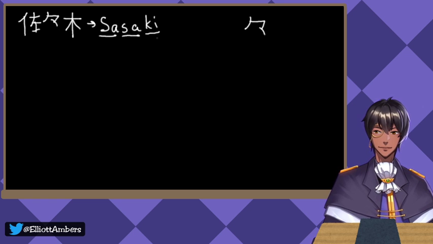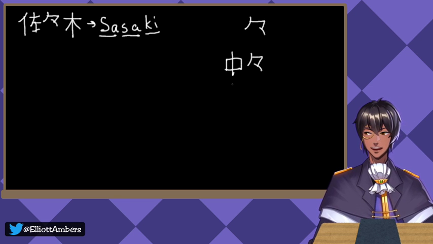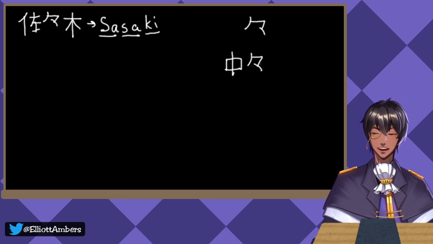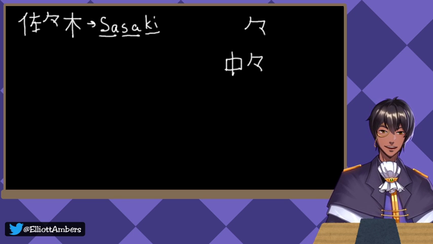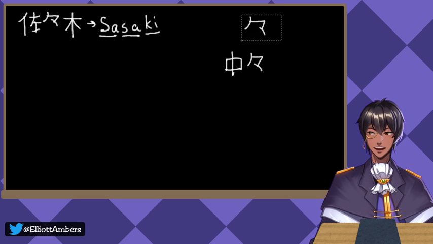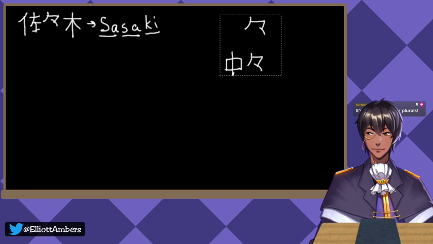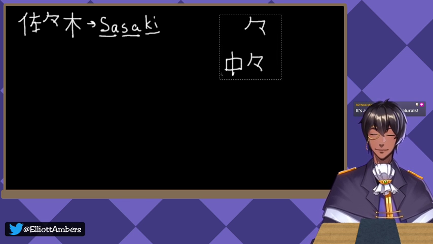We know that this means center. If I use this, it would mean inside, like deep, deep, deep inside, and this would be read as naka-naka. So this doesn't mean anything on its own. It's sort of like an emphasizer. You're right, yeah, it can also be a marker for plurals as well.